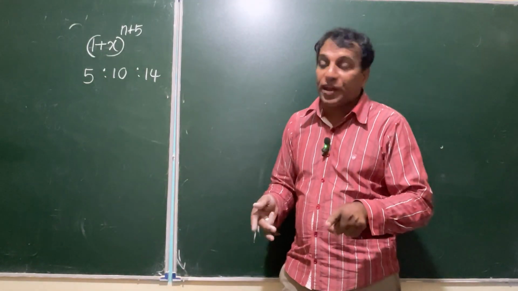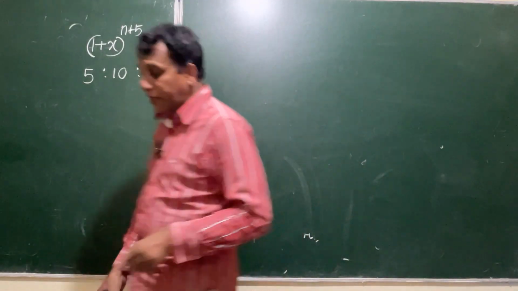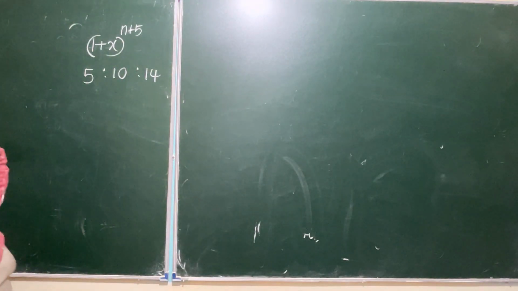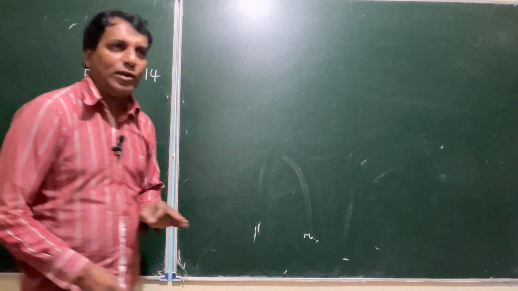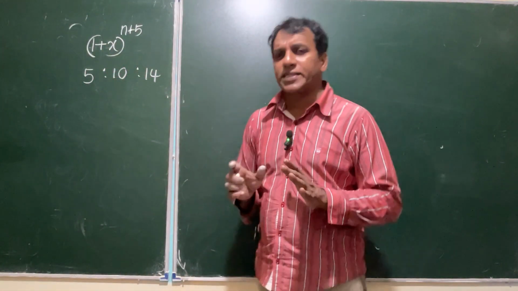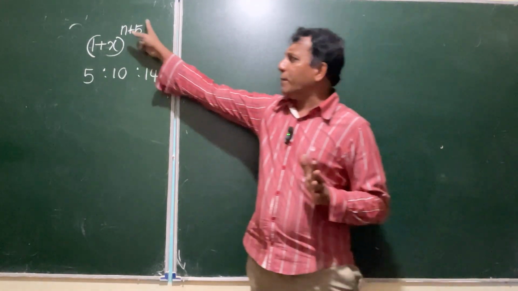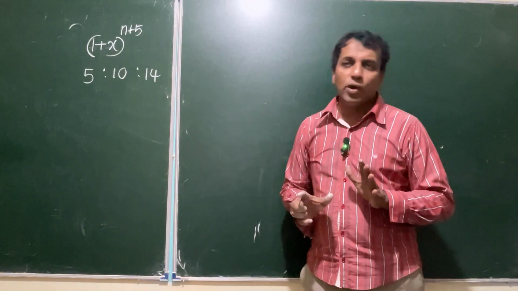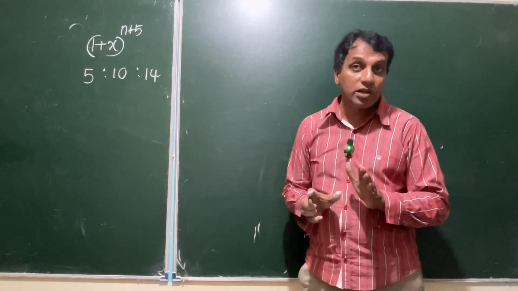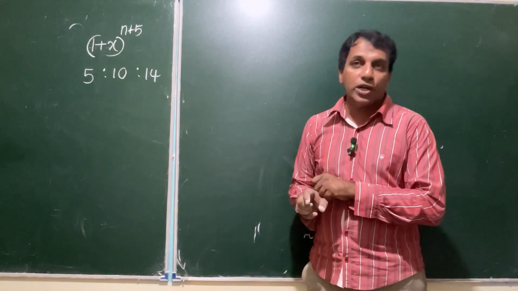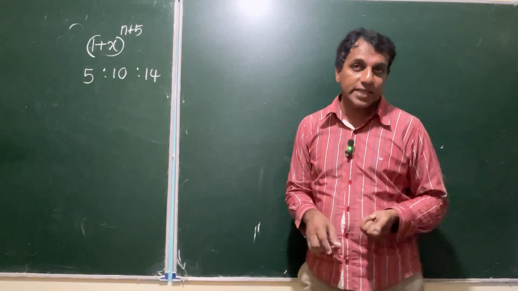Their coefficient ratio is 5 is to 10 is to 14. Then find the value of n. A similar type may appear in past exams or model papers. Anyhow, here is another chance to learn another expected question for future exam papers.